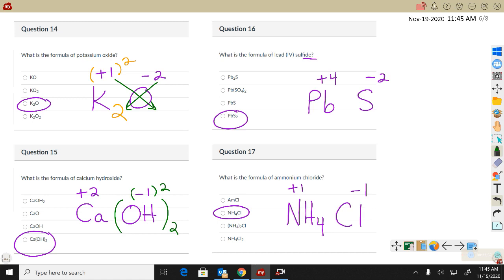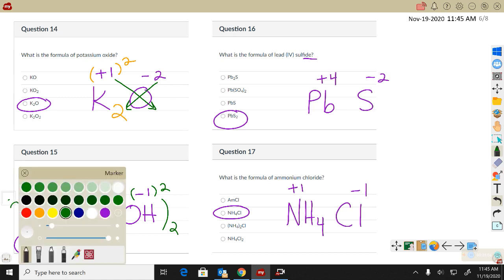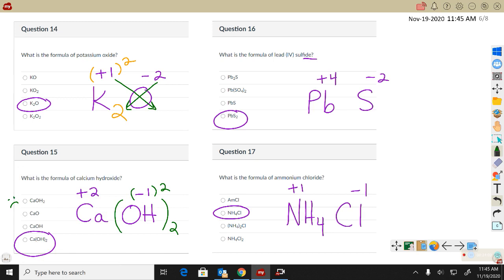Which is why this first one is wrong. Like, this guy gets a sad face. Whoa, sad face. Because it looks like you only have 2 atoms of hydrogen and 1 atom of oxygen. But really, we're going to have 2 groups of hydroxide.